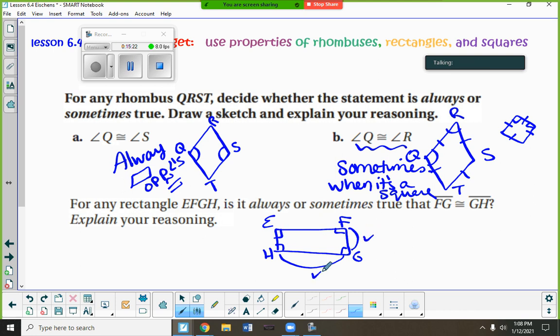What shape would it have to be? A square. So again, that is a sometimes. And that would be in the case where you have a rectangle EFGH, which is also a square, because in that case, FG and GH are congruent.